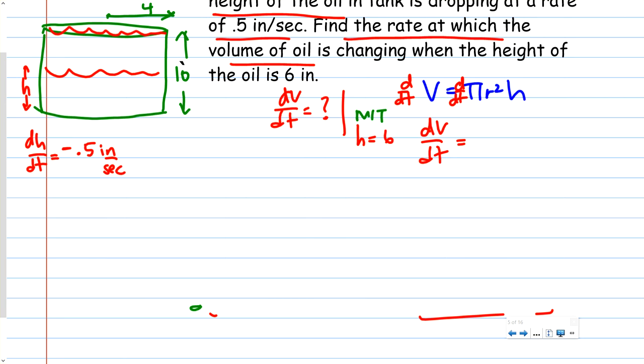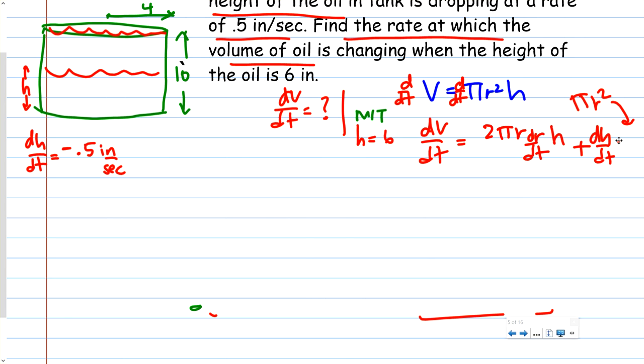What's the derivative of pi r squared h? 2 pi r dr/dt times h. You guys get the derivative of the first times the second, plus the derivative of the second, which is dH/dt times what? Pi r squared. You guys good with that?